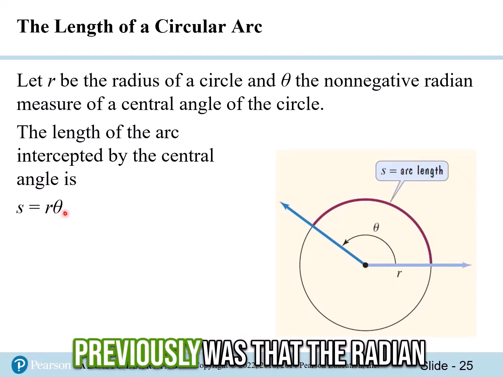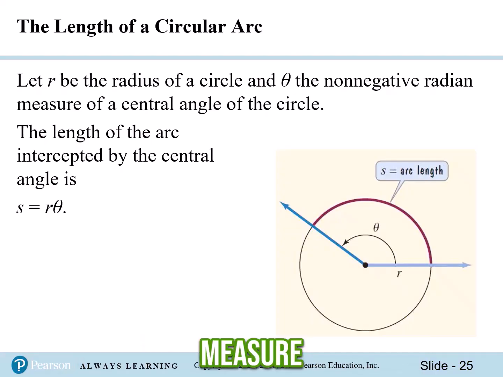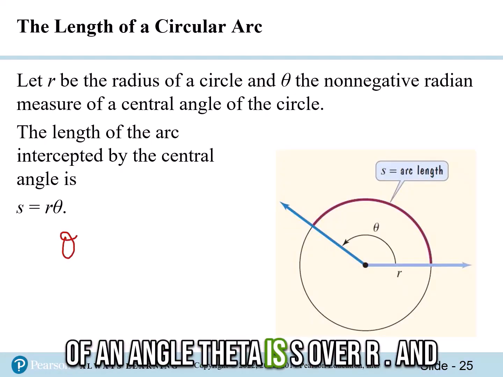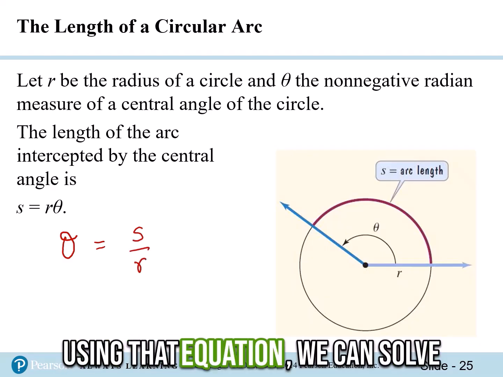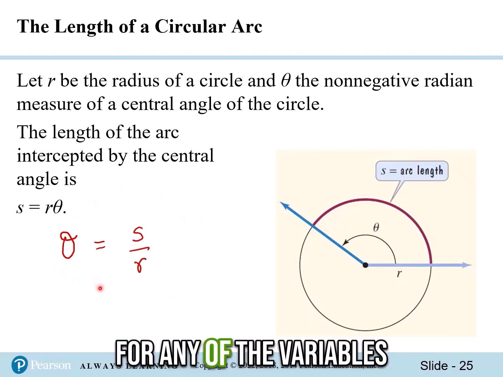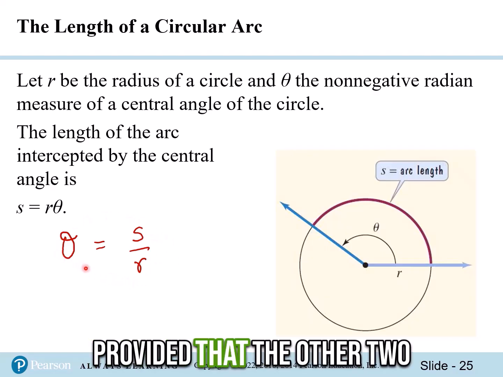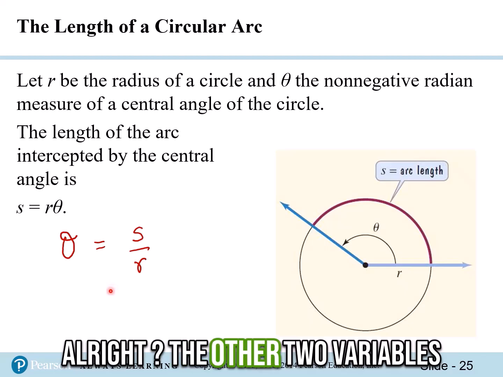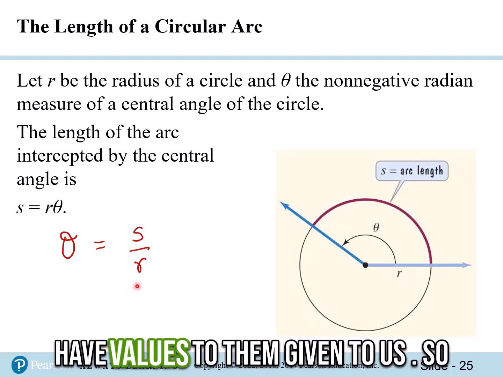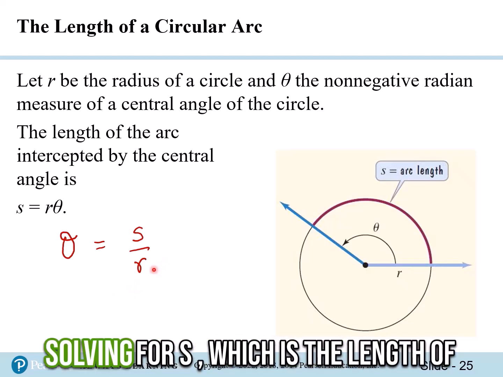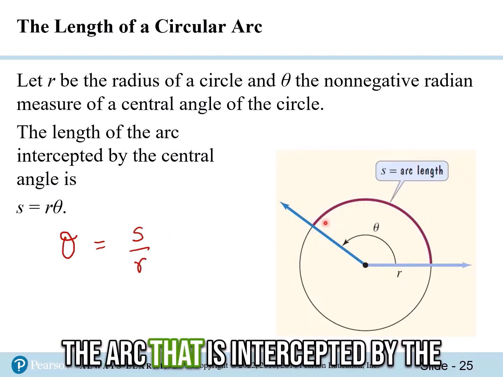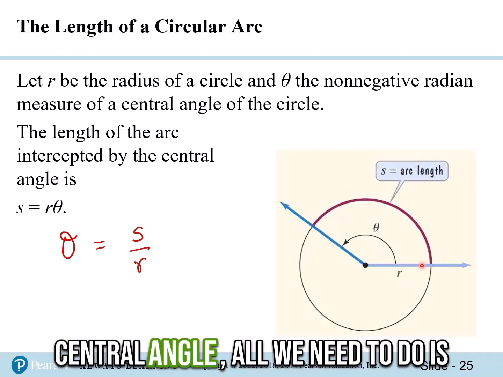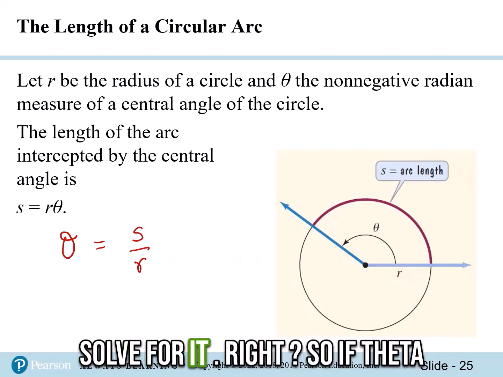So what we learned previously was that the radian measure of an angle theta is S over r. And using that equation, we can solve for any of the variables, provided that the other two variables have been given to us. All right, the other two variables have values given to us. Solving for S, which is the length of the arc that is intercepted by the central angle, all we need to do is solve for it, right?